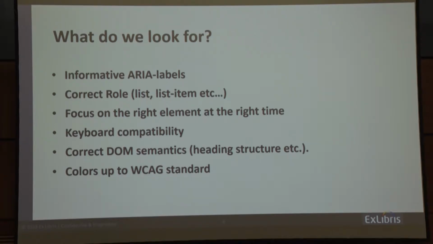Correct DOM semantics, so heading structure, H1 for the main title, then going down H2 and so on. If we're using a list, for example, we want to use UL and LI and not do something weird. And we want to have colors which are up to the standard.